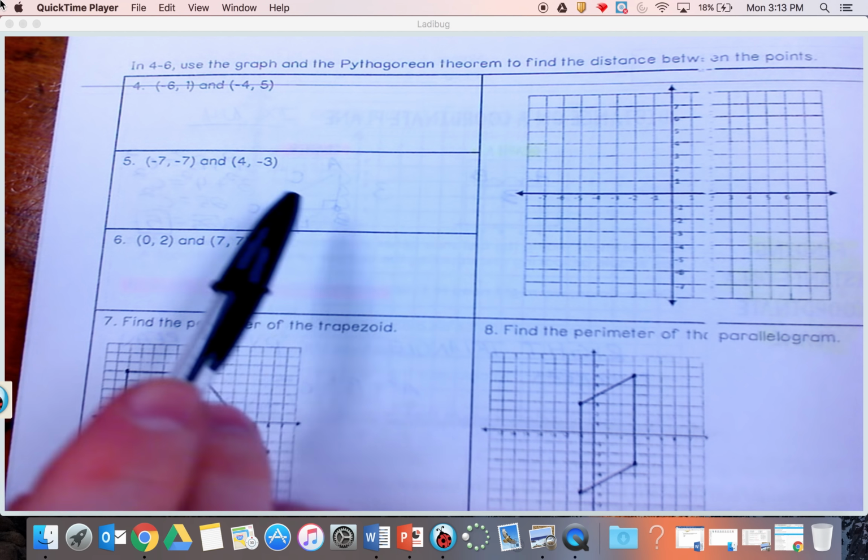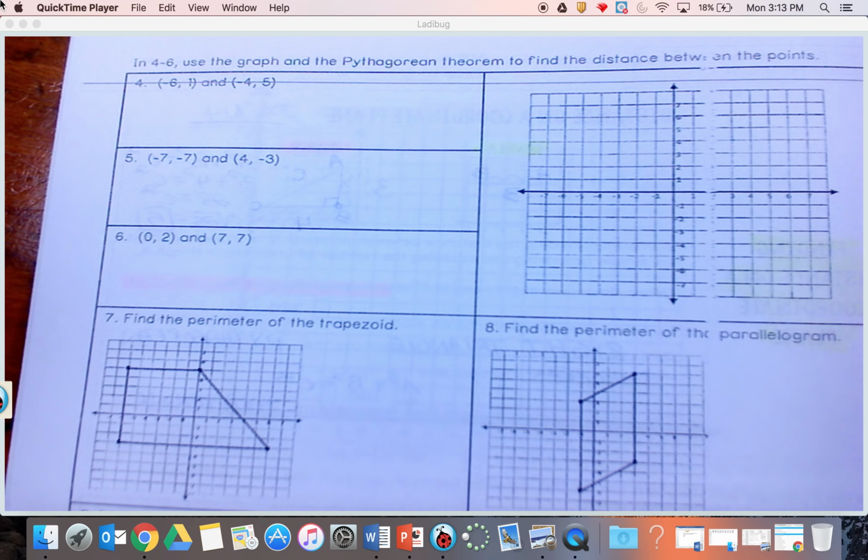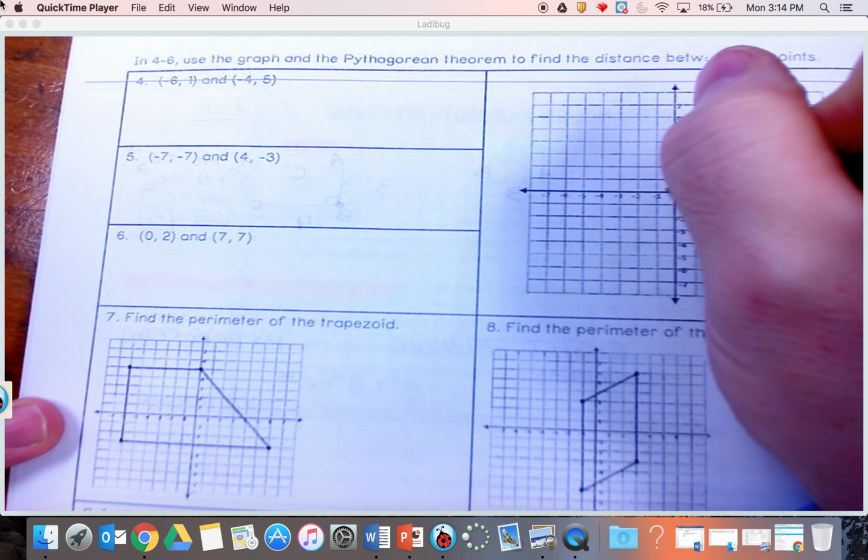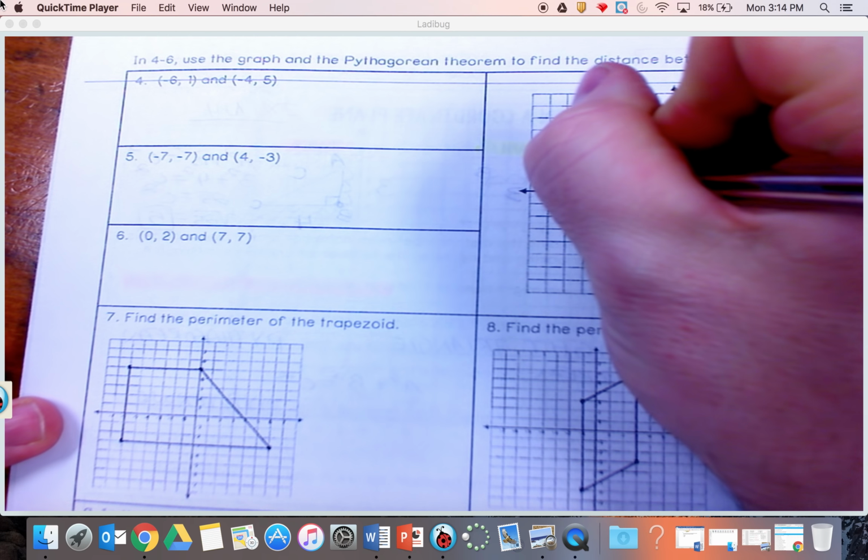You're going to use these by plotting them onto your graph and then solving for the distance between those 2 points. If you do number 4, we can plot those points. (-6, 1) will be right there.